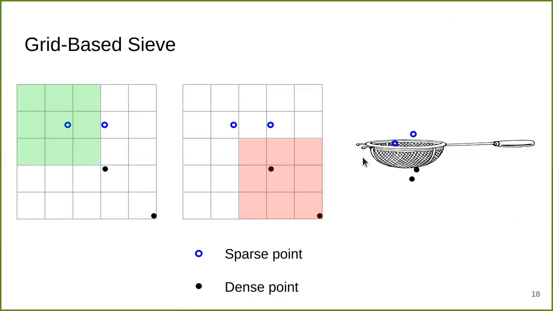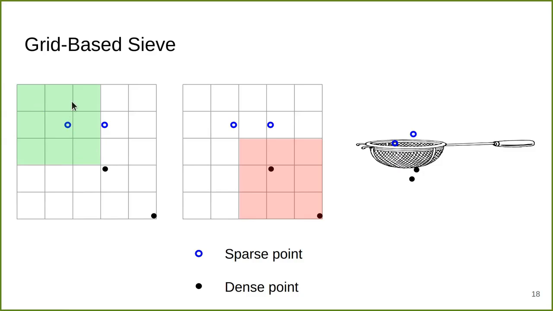In the program, we implement this sieve using the grid-based data structure. This is also done by previous work. Specifically, we impose an axis-aligned grid on the data points. So for 2D data, we have a 2D axis-aligned grid. For example, for each of these points here, we check its own box as well as the box neighborhood.